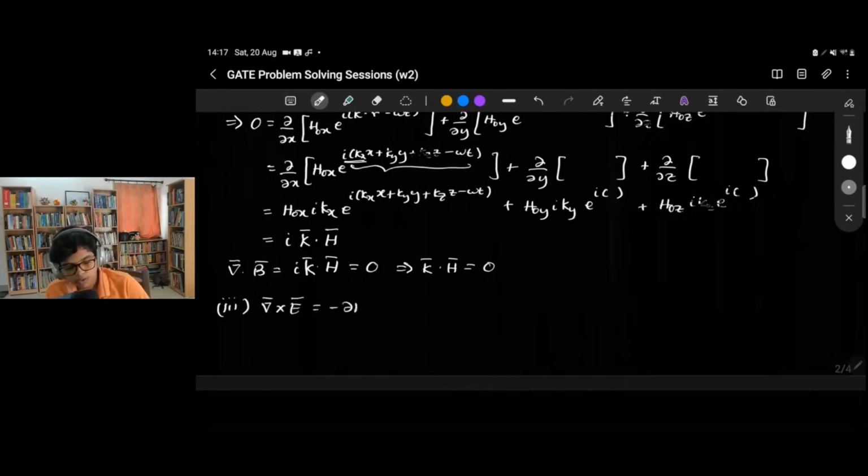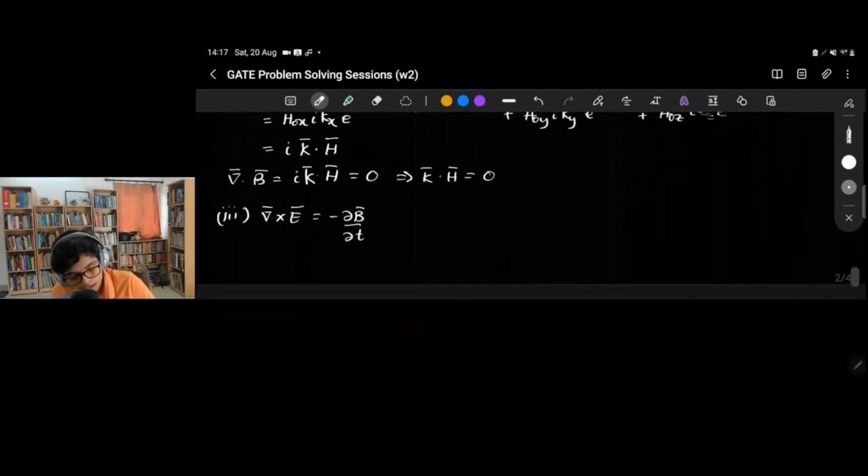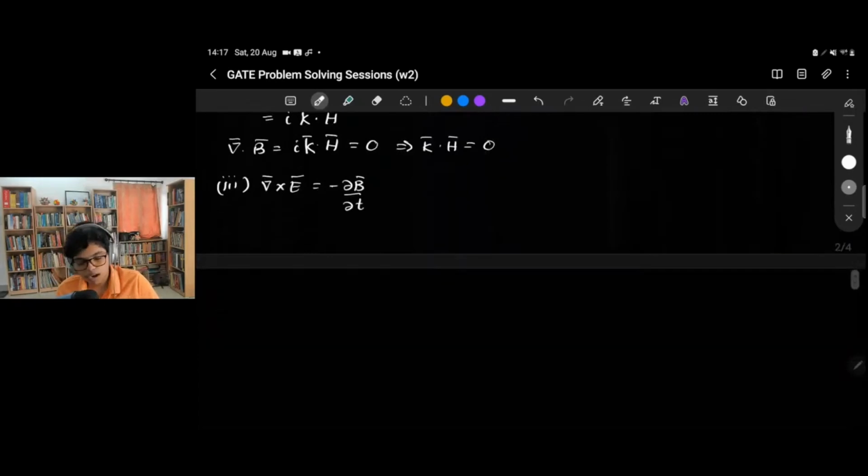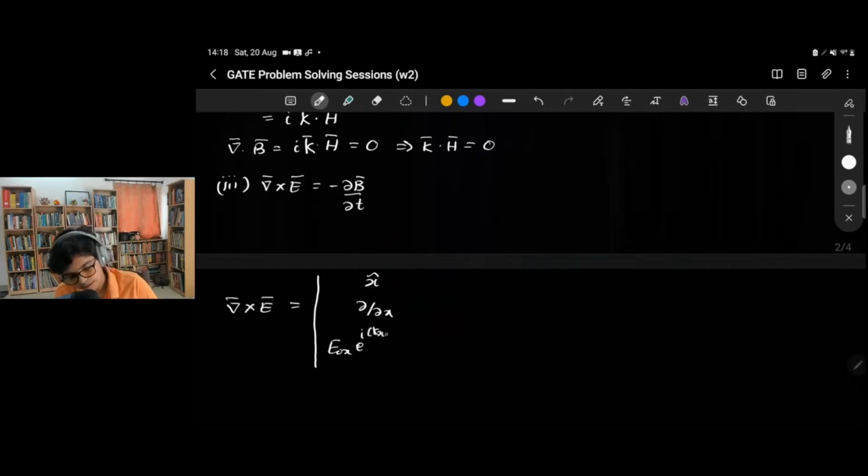So del cross E is equal to minus del B by del t. Now, if you remember how to find the curl, we write this big determinant out here. So x cap and del by del x, and then E naught x e to the power i (kx x plus ky y plus kz z minus omega t).